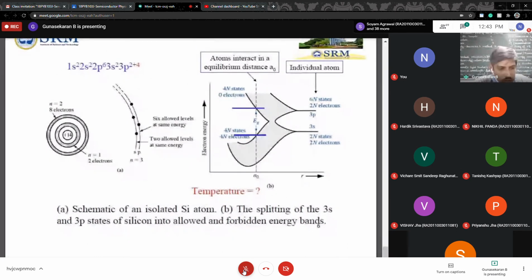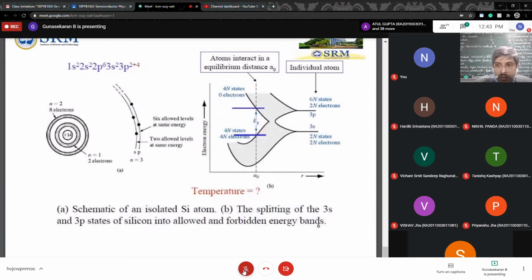So there are 2n states. For example, the lower levels are completely filled. All the 2n states are completely filled by 2n electrons. But what about the higher states here? There are 6n states, but only 2 electrons. That is 3p6. Basically the 3s is completely filled, but for 3p there are 6 states, but only 2 electrons.